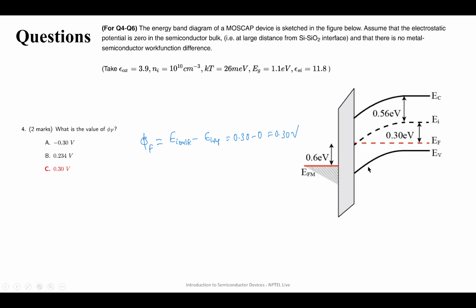In an energy band diagram, the lower value is considered positive because we consider the vacuum level to be zero, so we are seeing everything below this. Since EF is below EI, it is 0.3 volts. So phi F will be 0.3 volts.